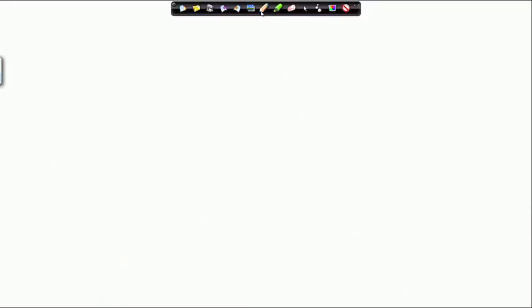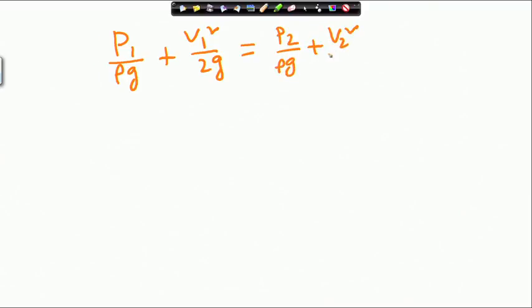So, between points 1 and 2, if I write the Bernoulli's equation, P1 by rho g plus V1 square by 2g will be equal to P2 by rho g plus V2 square by 2g. The flow meter is at a horizontal position, so there is no contribution of the H term here.